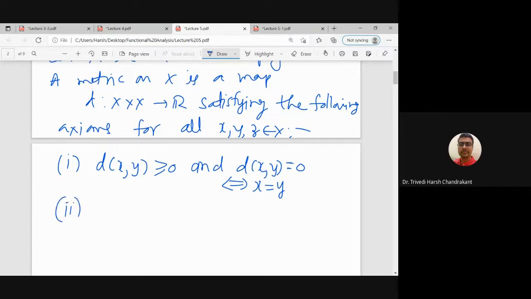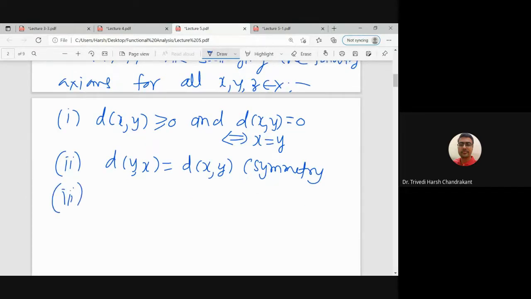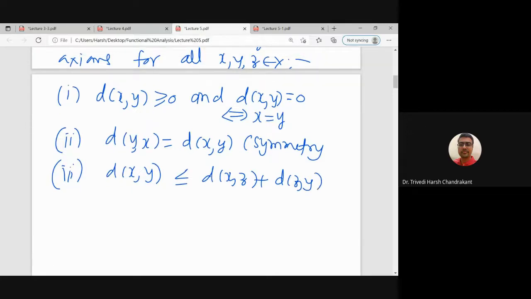Second, length of y with x is equal to length of x with y. That is known as symmetry. And the third property is the triangle inequality, that is, the length of x and y is always less than or equal to the length of x with some other point z plus the length of z with y. This is the triangle inequality.